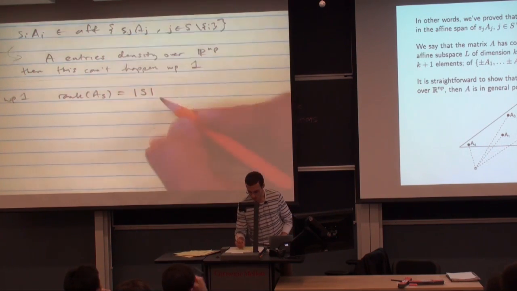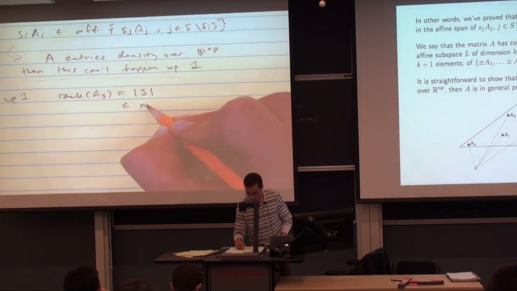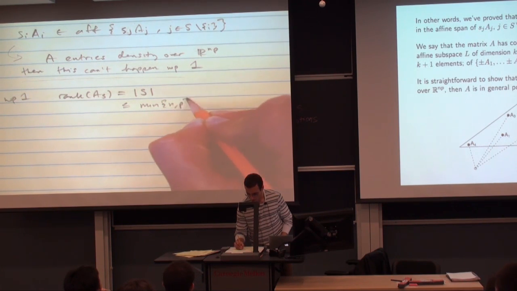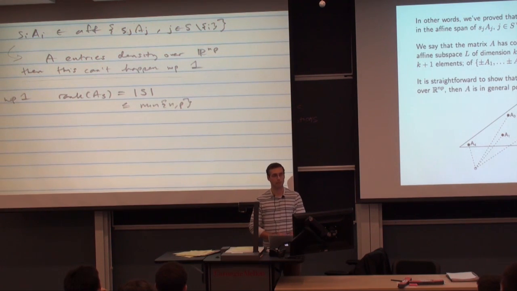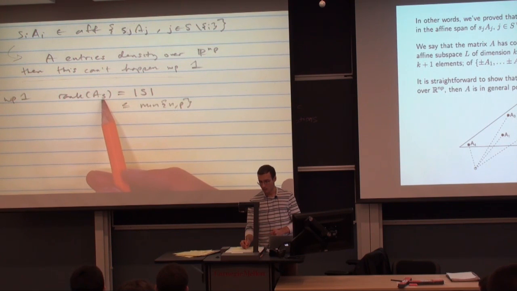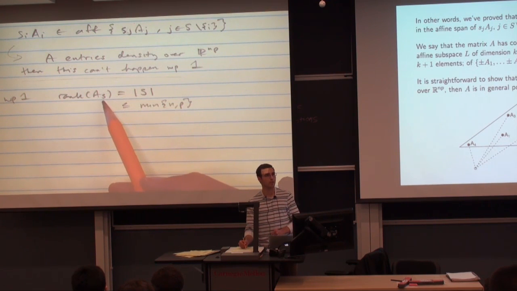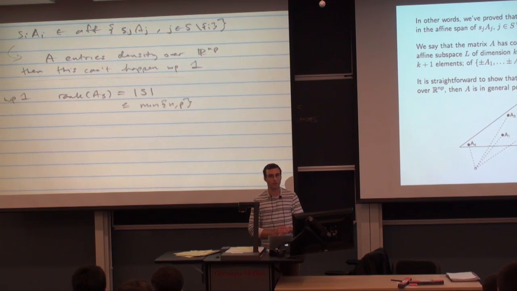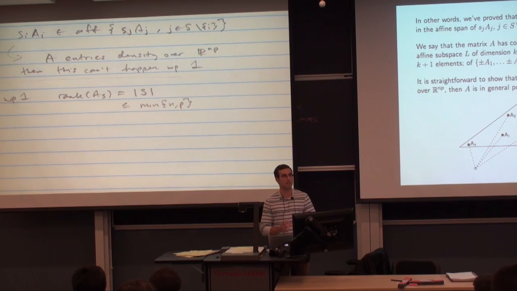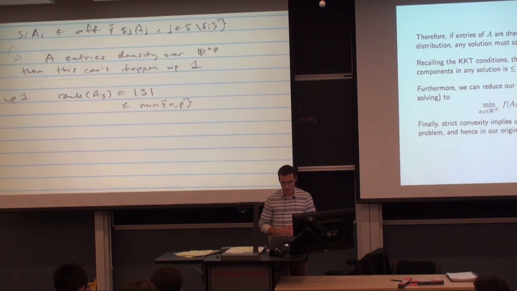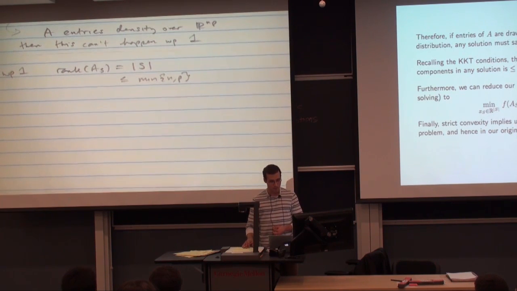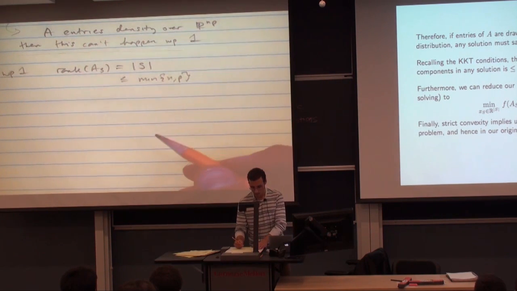And if that's true, then this has to be at most the minimum of n and p, because this matrix has number of columns equal to |S|, which is less than or equal to p, and number of rows equal to n. So it can't have rank exceeding its dimensions.